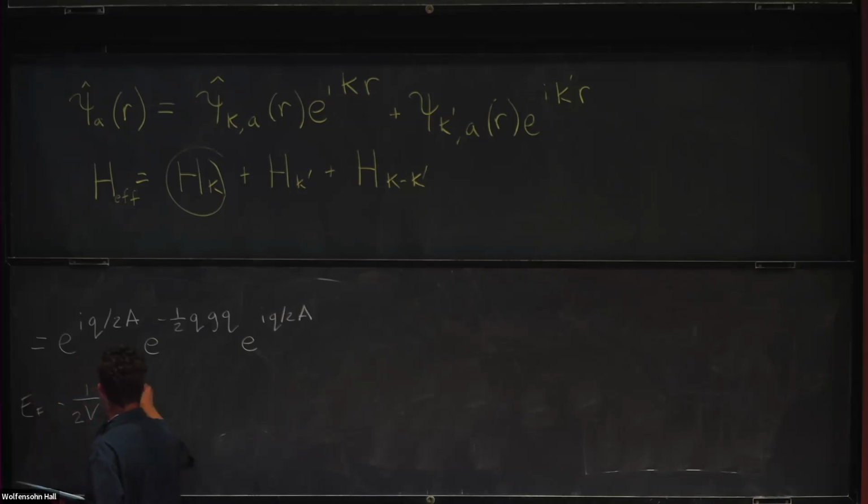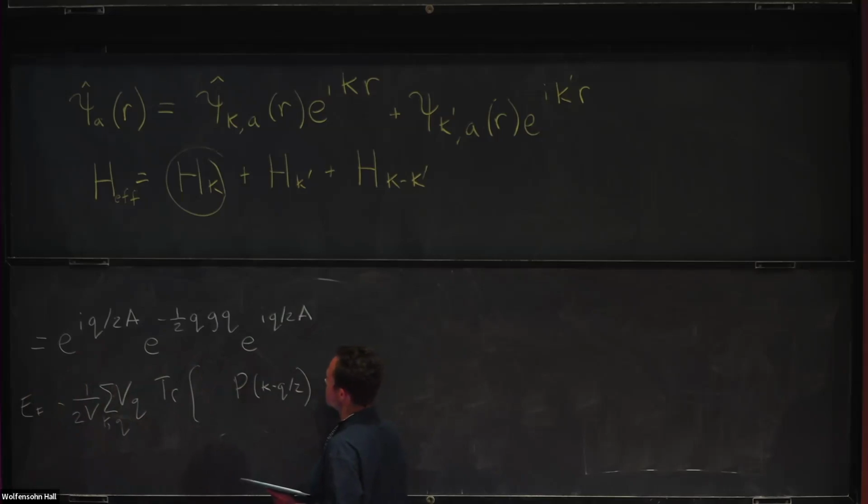is equal to a sum over q. Okay, this is a little bit tedious, but I have the trace of the projector at k minus q over 2.